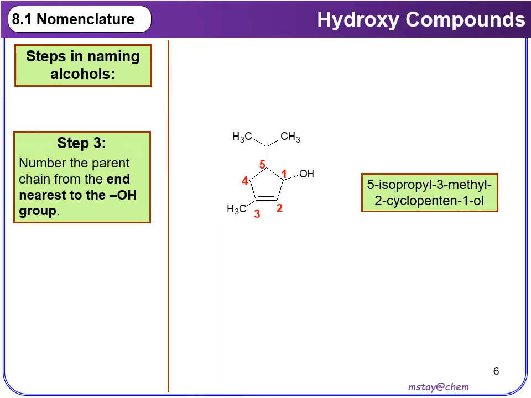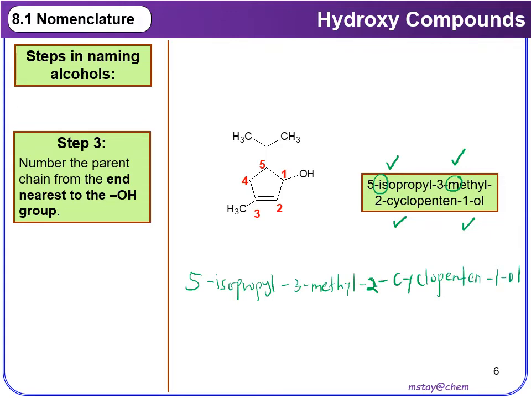When considering the alphabetical order, I comes first, followed by M. That's why the name is 5-isopropyl-3-methyl-2-cyclopentene-1-ol. If possible, please make it in one word only.